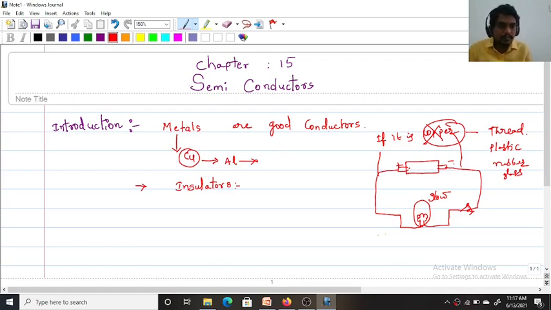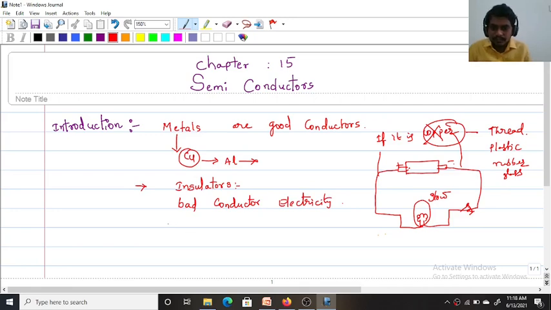If you replace the copper with a thread, does the bulb glow? It doesn't glow, because thread is a bad conductor of electricity. It does not allow the charge to flow through it.